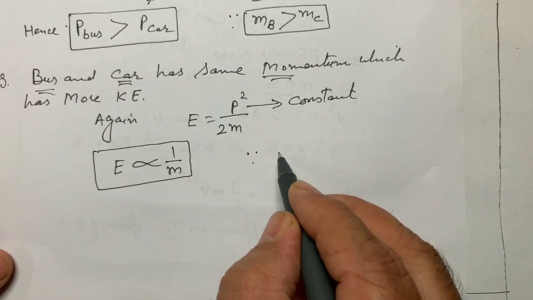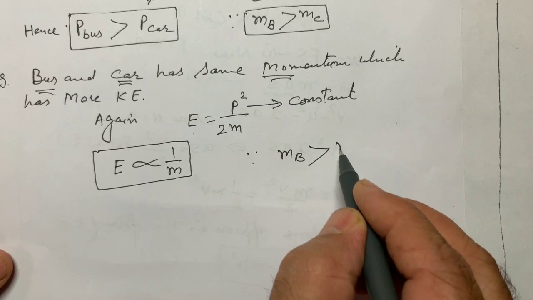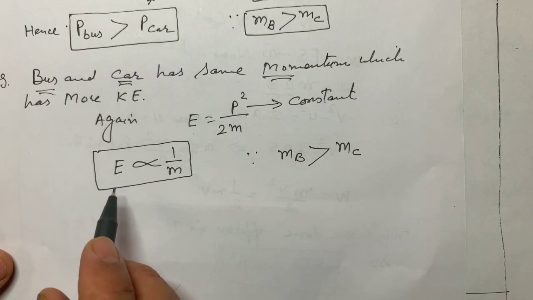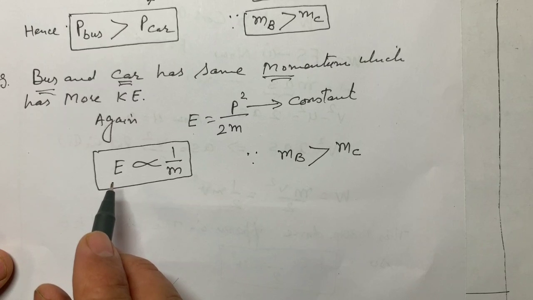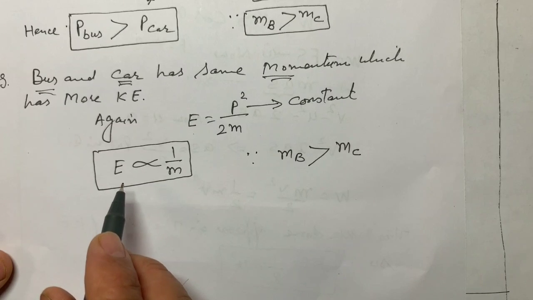Energy is inversely proportional to m, because mass of bus is greater than mass of car. Means energy of bus is less than energy of car.